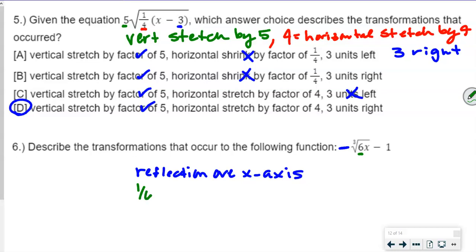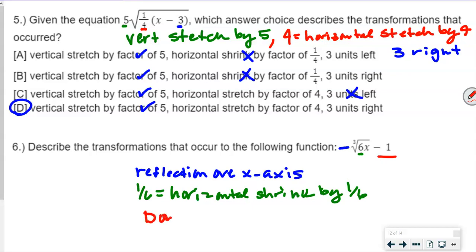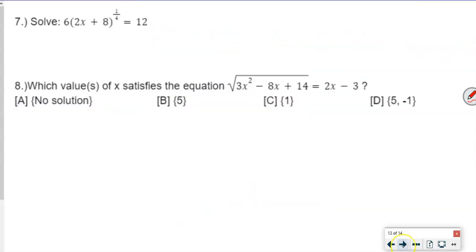Because we're going to write the inverse of it. So that's going to be a horizontal what? Horizontal shrink or compression by 1/6. Okay, what's that minus 1 outside mean? This right here. Doesn't that mean down 1? Okay? So hopefully you guys have all that stuff down by now.